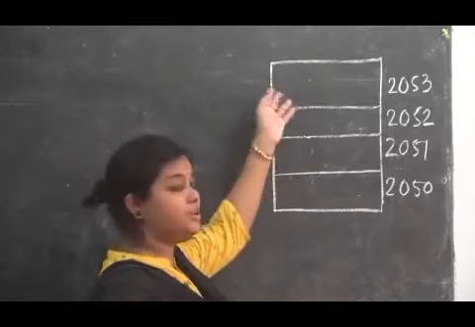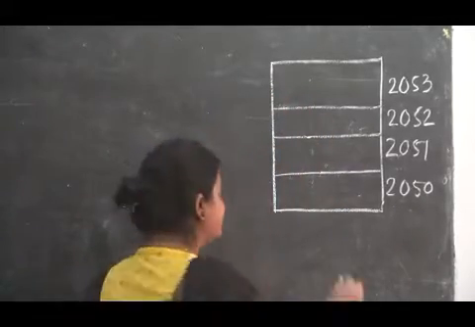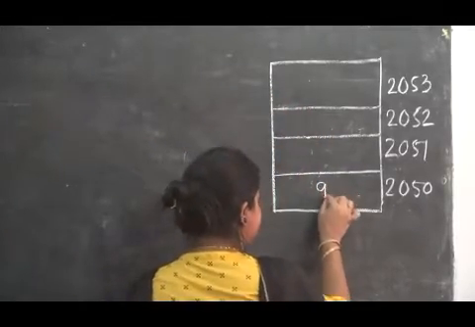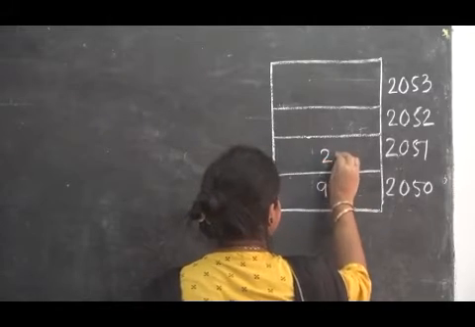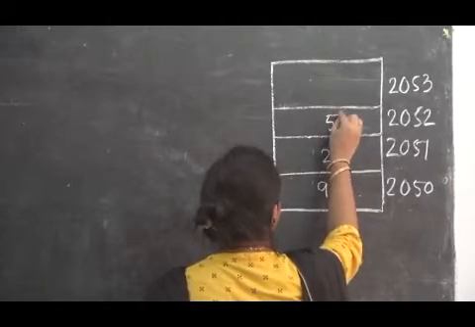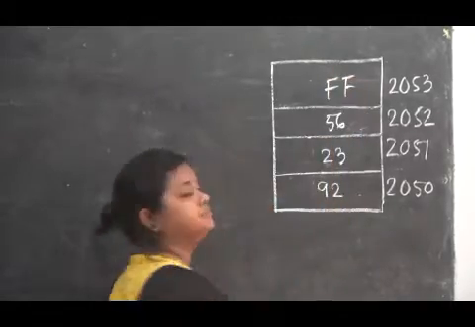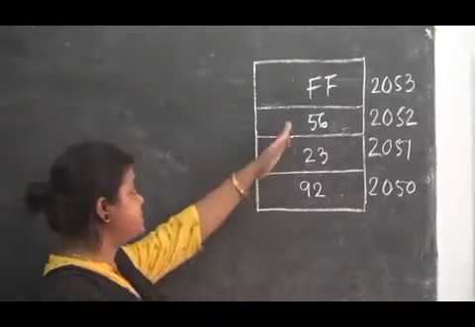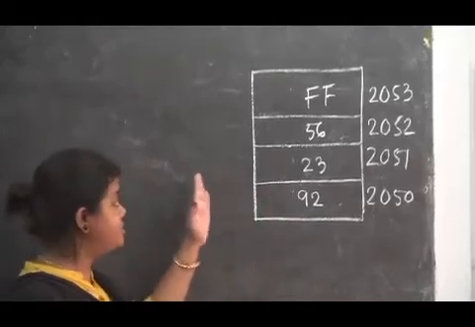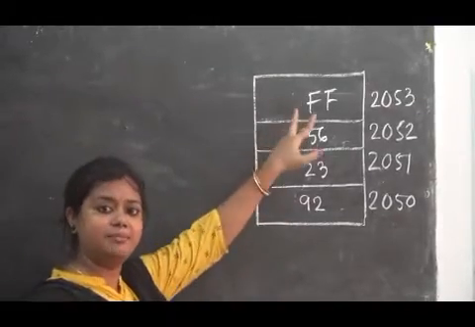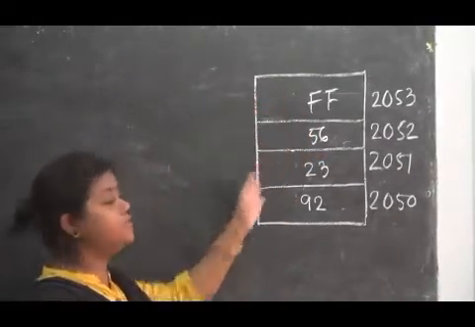In these memory locations, there are 4 data. One is, suppose, 92, 23, 56, and suppose FF. These are the 4 data. The microprocessor has to find out the largest number among these 4 data.